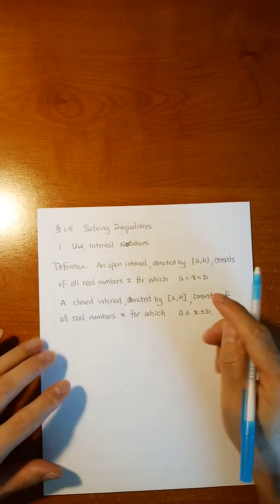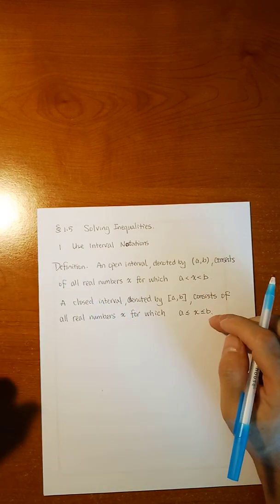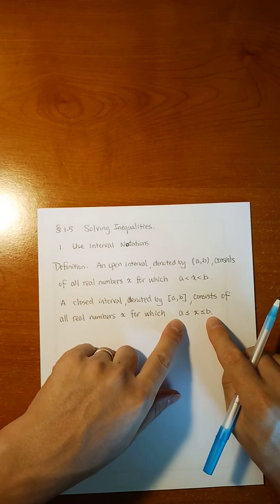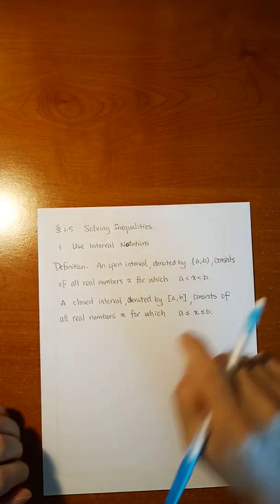So a closed interval includes two endpoints. A and b are inside the closed interval. Okay, so that's the difference.